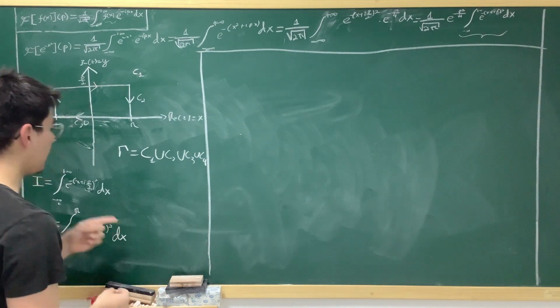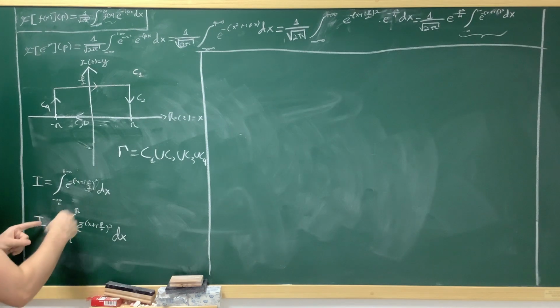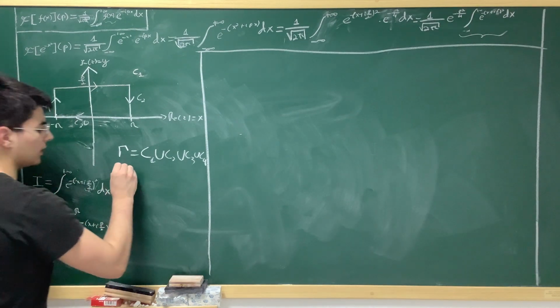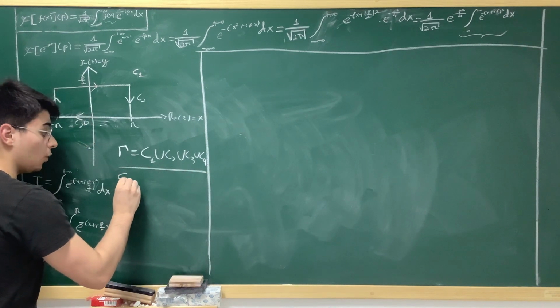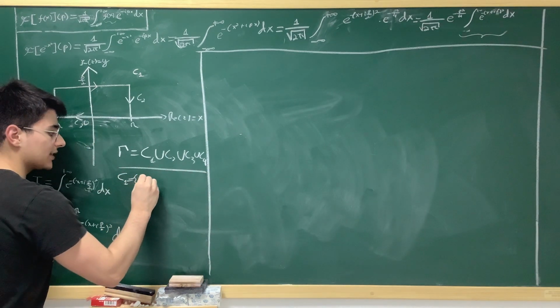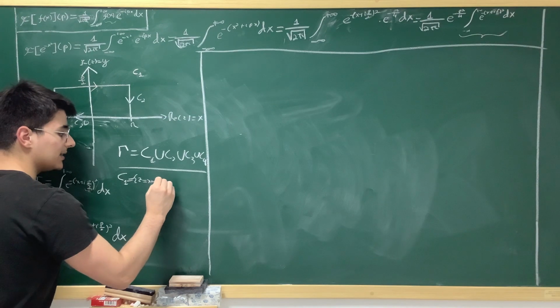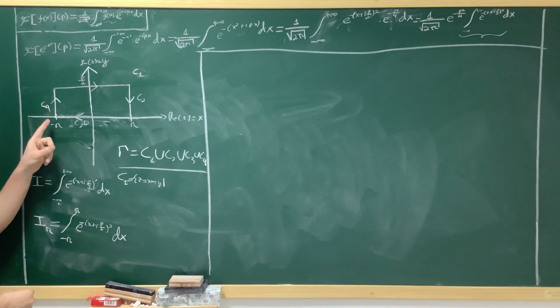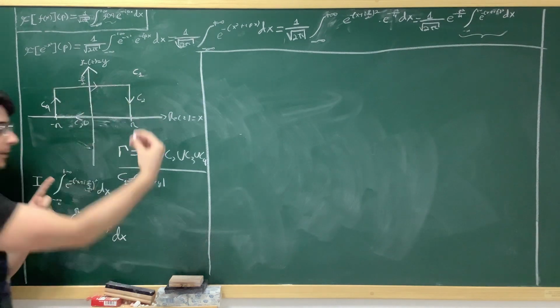Where C1 is just going to be this curve right here. C1 is the set of all complex numbers x plus iy such that x goes from minus r to r, and the height is always p over 2.